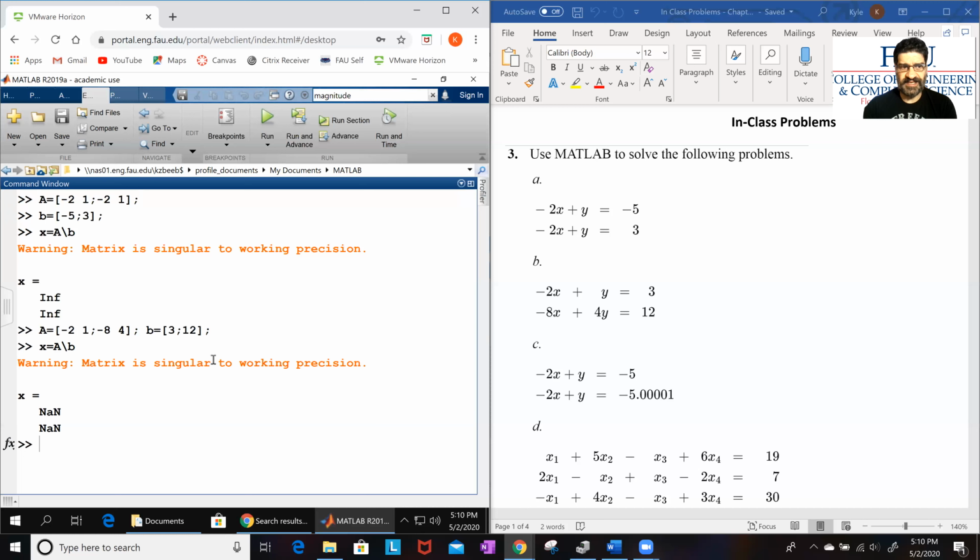There is a slight difference here, because this is not two equations or two lines; it is exactly the same line. So there's no way it's going to intersect with anything because it is the same line. So also it's singular.